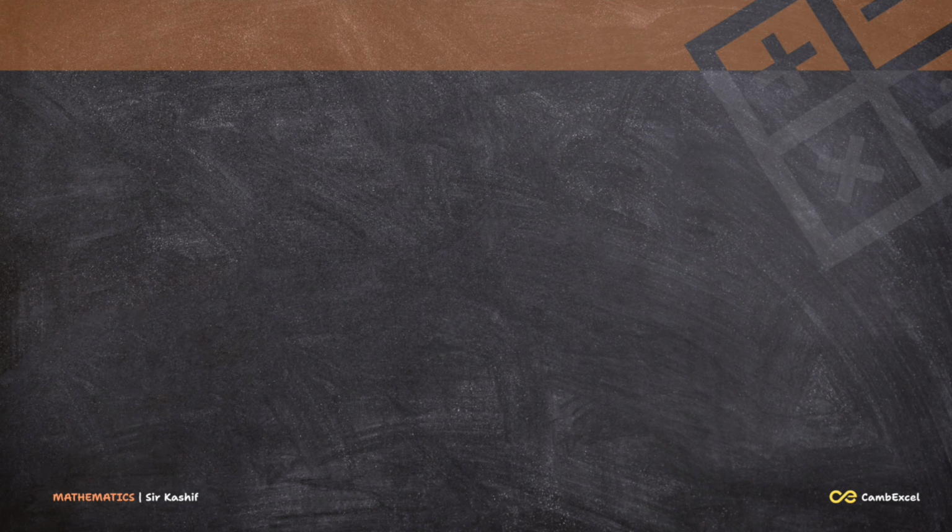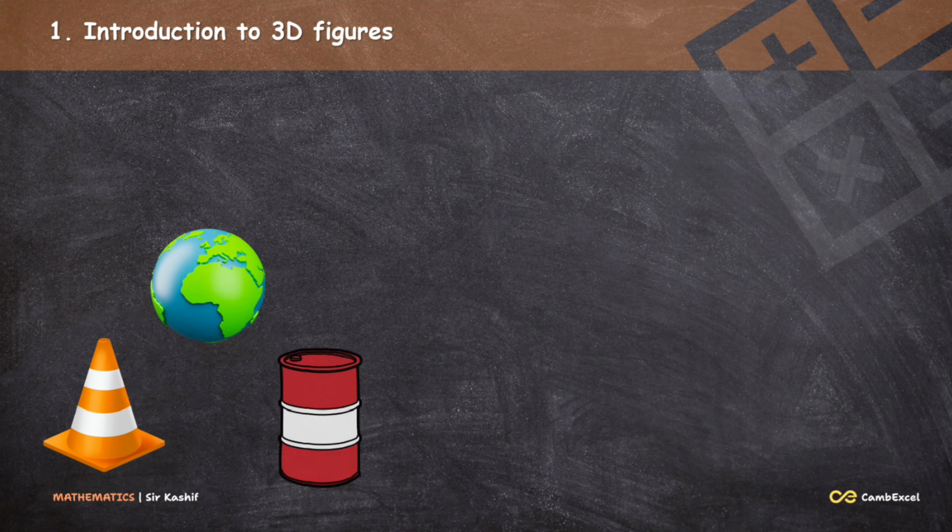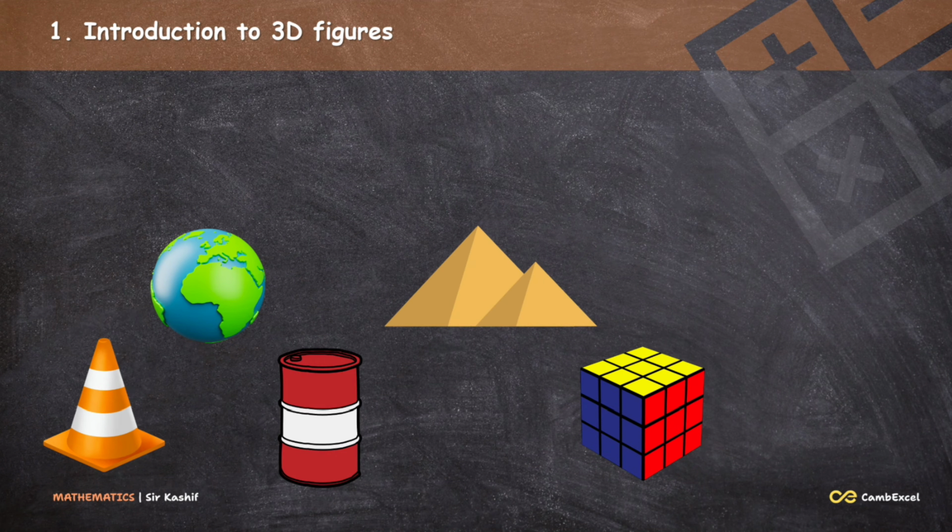Today's topic starts with the introduction of 3D shapes. Let's first of all learn the names of all the 3D shapes that we have to prepare for our Cambridge exams. The first one is a cone, the second one is a sphere, third one is a cylinder, fourth is a pyramid, or you can also call it a prism, fifth is a cube, and last is a cuboid.